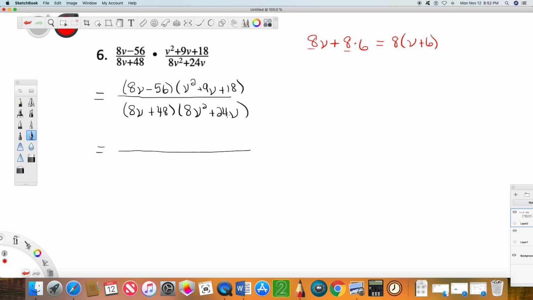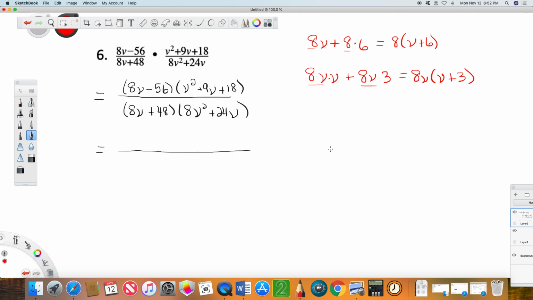All right, now let's look at this other binomial here, 8v squared plus 24v. I'm going to write v squared as v times v, and I'm going to write 24v as 8v times 3. You can see that 8v is common to both terms. If I factor out that 8v, what I have left in the first term is v, and what I have in the second term is 3.